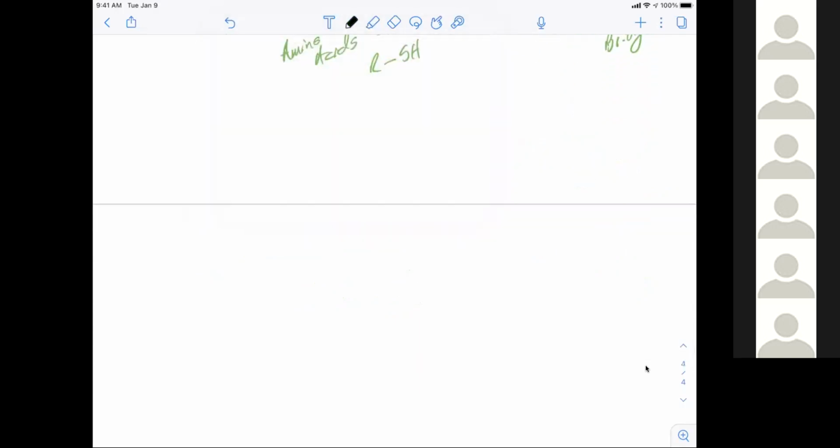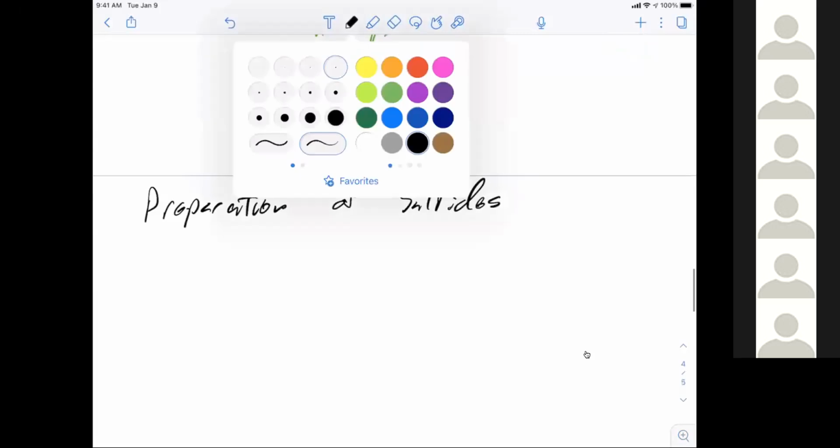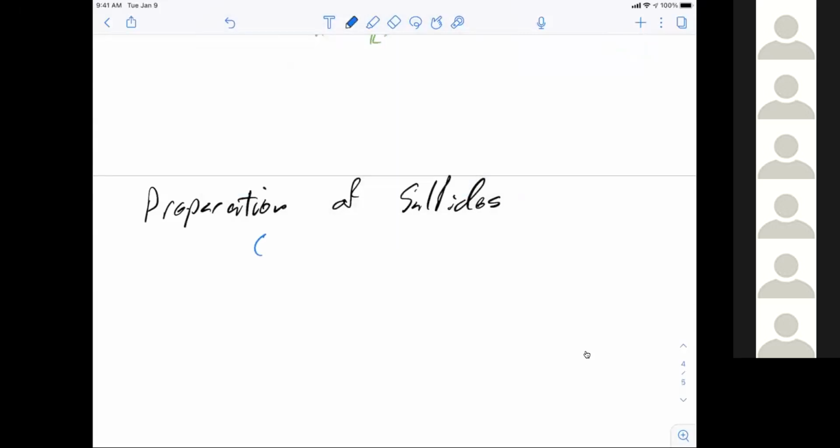All right, so we looked at preparation of the disulfides. You again will see this quite a bit in biochemistry. So let's look at preparation of sulfides. And we can call this a reaction of thiols.